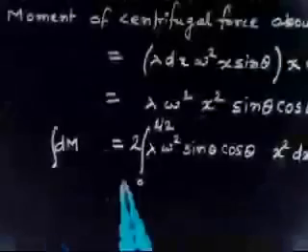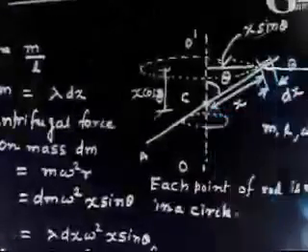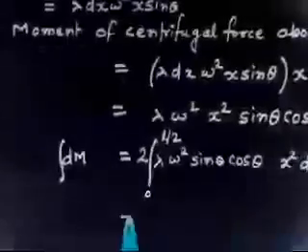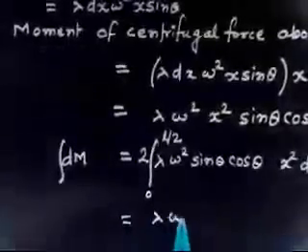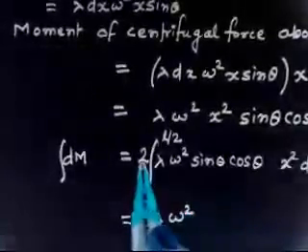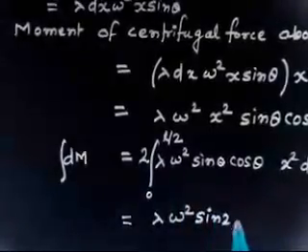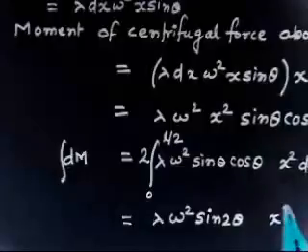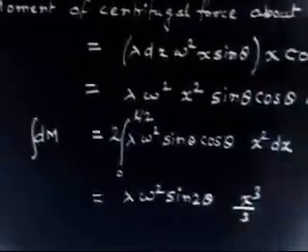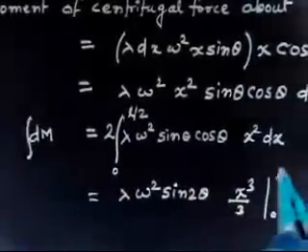So I will have lambda omega square, and multiplying sin theta cos theta by 2 gives sin 2 theta. The integration of x square is x cube by 3, from 0 to L by 2.